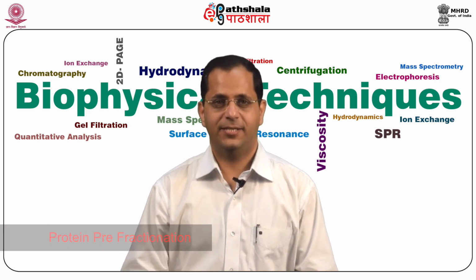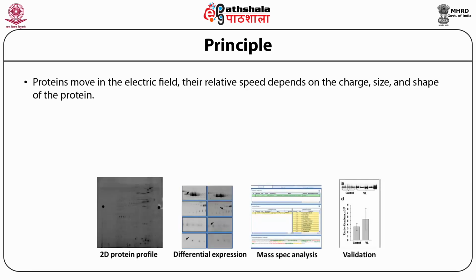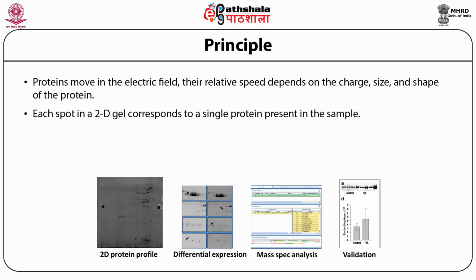Protein prefractionation. The principle in two-dimensional electrophoresis comprises subjecting proteins to two parameters, that is isoelectric focusing and then SDS-PAGE electrophoresis. After having done the 2D electrophoresis, we will have spots on that particular gel.